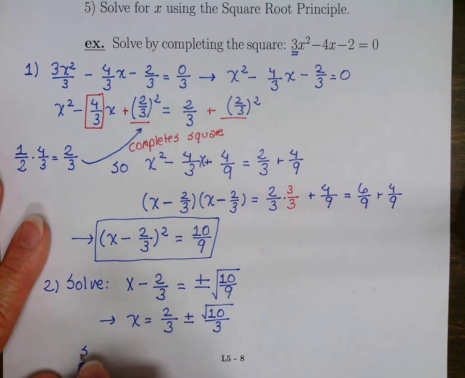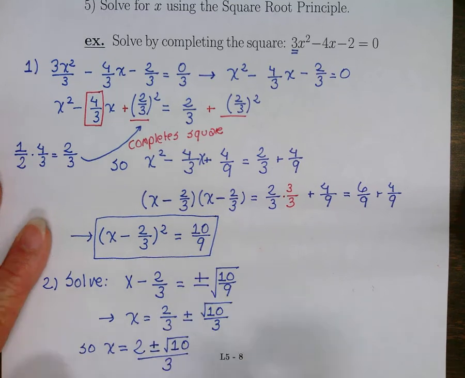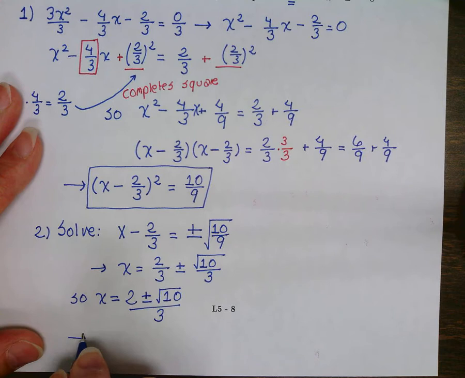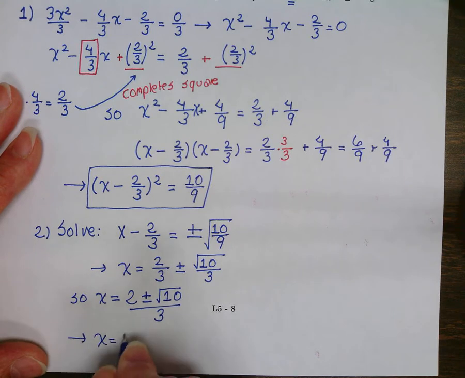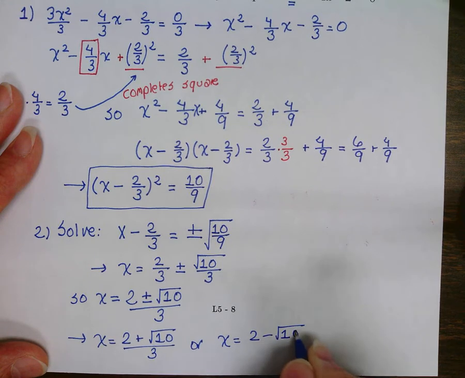So x equals 2 plus or minus the square root of 10/3. And that again, remember, that does mean that there are two solutions. x equals 2 plus the square root of 10/3, or x equals 2 minus the square root of 10/3.